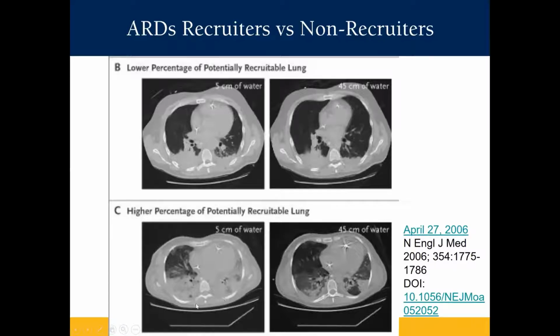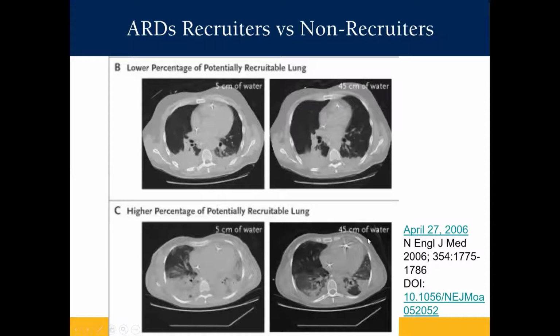In the bottom image, we have a different patient on the left-hand side, again at 5 centimeters of water. Again, their posterior is down here, so here's their vertebral column. You can see this consolidation here, and then we can see the air here, and on the right side, it's very consolidated.